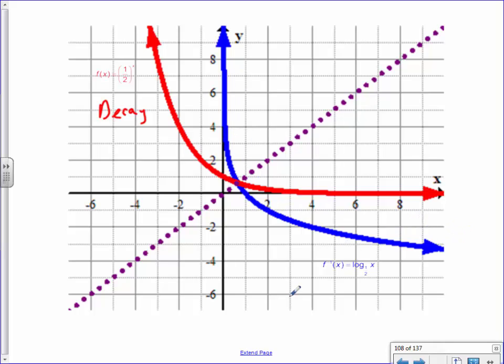Basically what's happened is, rather than starting low and getting slightly bigger, a decaying logarithmic graph also still goes down, but it starts high on the asymptote and then slowly but surely goes lower. Does that make sense? So if you ever had a base down here that was a fraction type number, like 0.5 or something like that, it's going to cause the graph, rather than start low and go up, to start high and drop down.